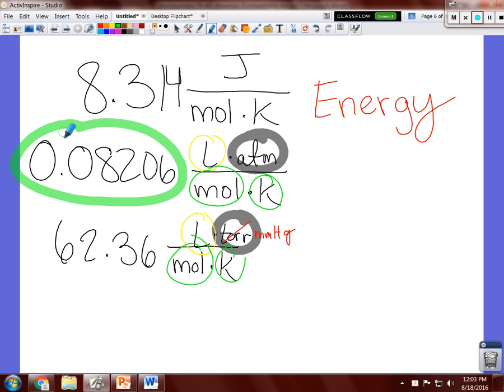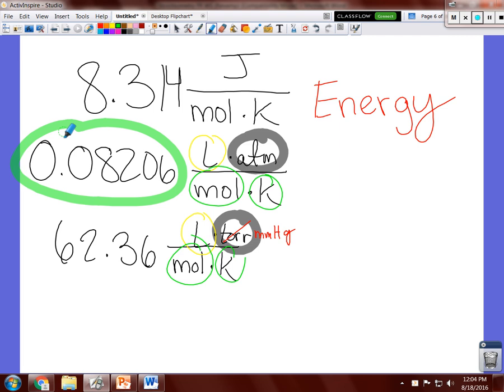Go ahead, Dustin. That's through experimentation. They said I'm going to give you 1 mole of hydrogen gas, which we know weighs exactly 2.02 grams. They dropped the temperature to 0 degrees Celsius, and they put 1 atm of pressure in the container, and it expanded to 22.4 liters.